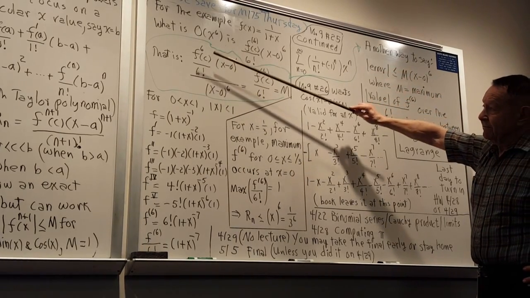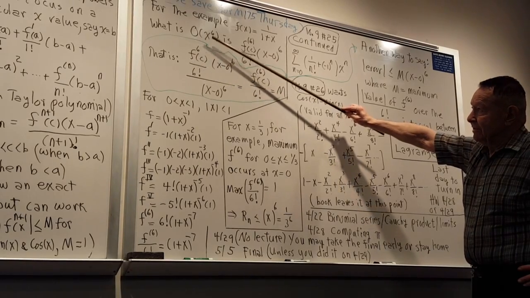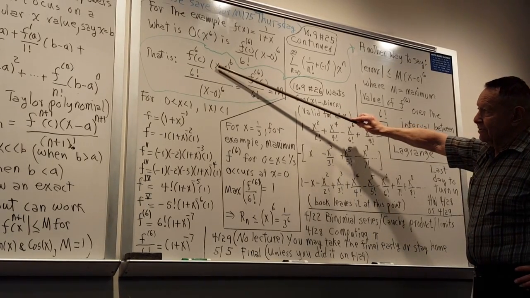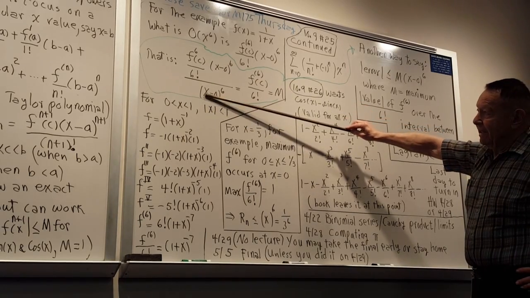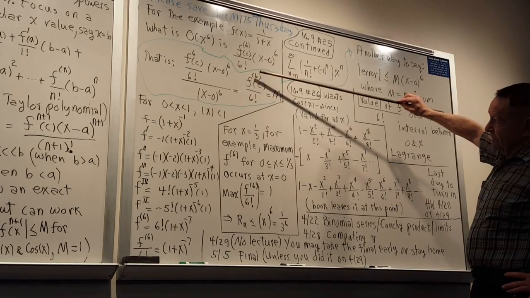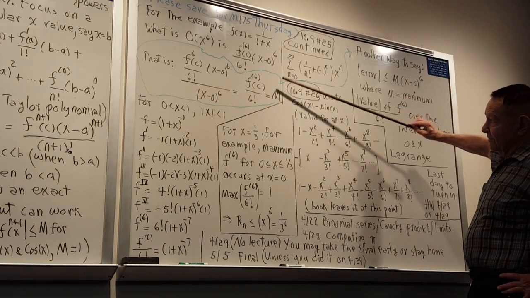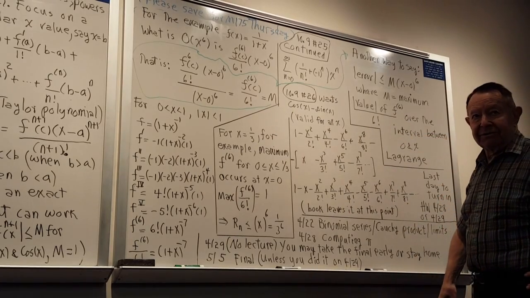So then what's O of x to the sixth is really the Lagrange formula, meaning that that over x minus 0 to the sixth, which is the sixth derivative over 6 factorial, is some maximum number, some bound.